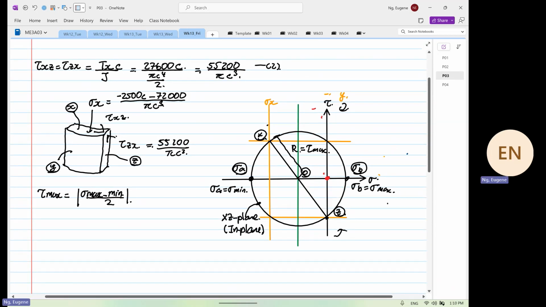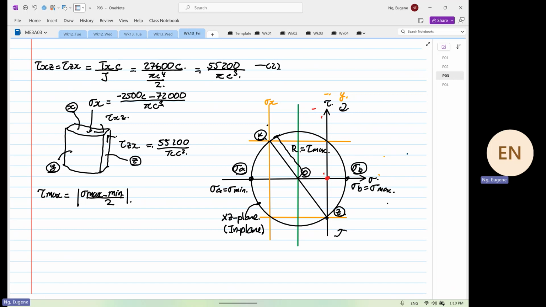So the next thing we're going to do is determine the center of the circle, which is equal to our stress average. So stress average will be equal to stress X plus stress Z, divided by 2.